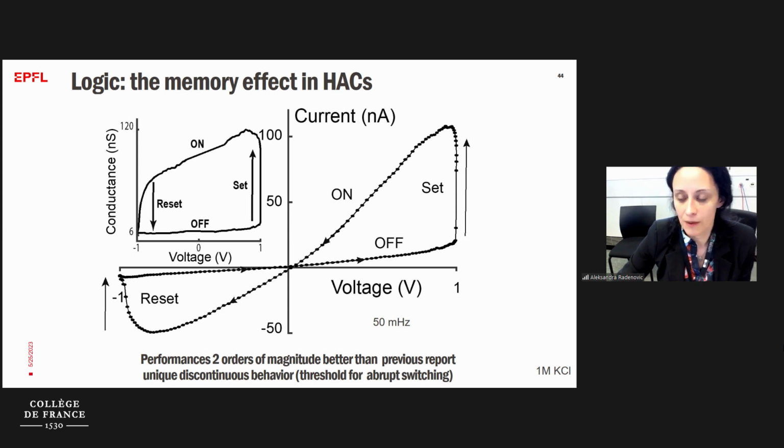This is similar to solid-state electrochemical metallization memory cells, and has not been reported so far in nanofluidics. This switching threshold enables non-intrusive access to the memory states and is beneficial for several applications, as well as, as we will see after understanding what is behind this switching, for implementing them in logic circuits.